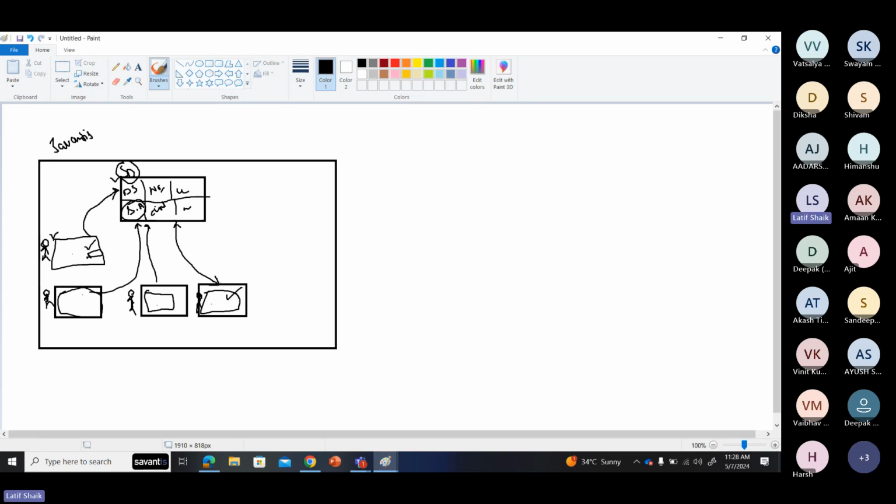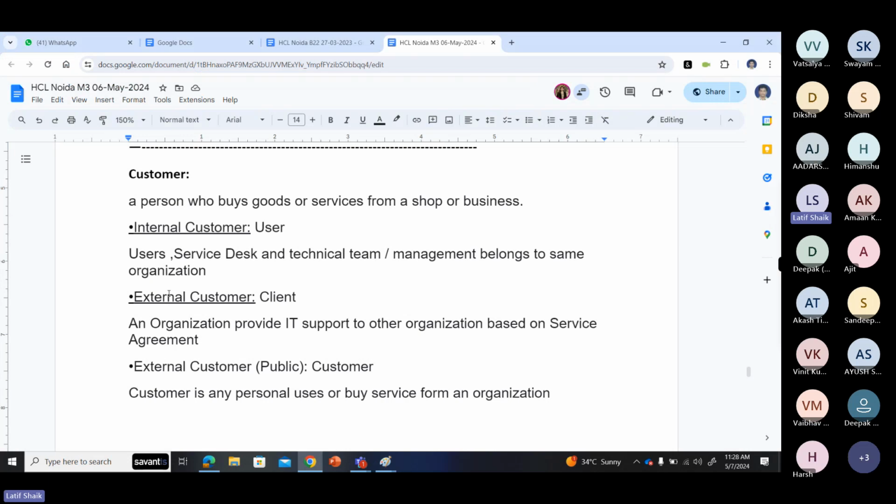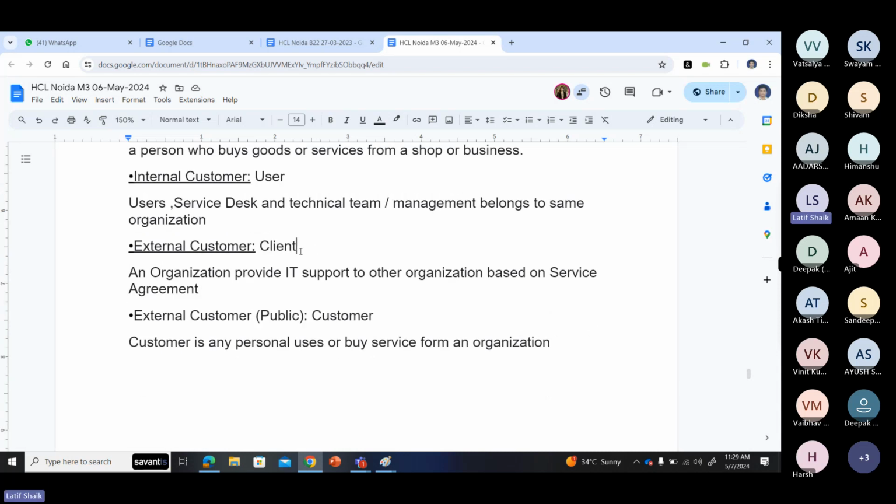The user, service desk, and technical team or management belong to the same organization, called internal customers. Sometimes we call them users also. That's why I said client, user, or customer are all the same people.